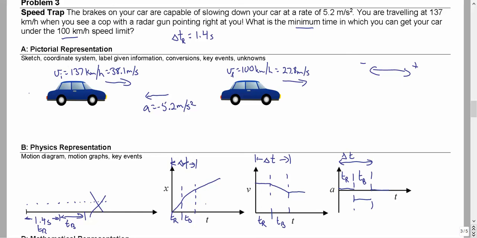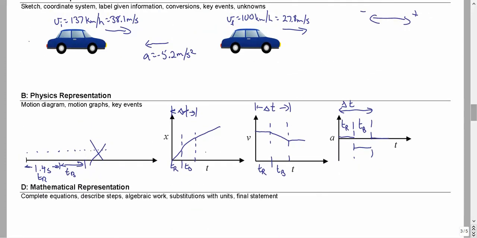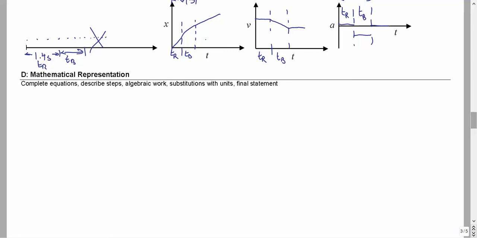So now, once we've got this set up, we can jump into the calculations. I look at the information that I've got. I know my initial velocity, my final velocity, and my acceleration. So if I want to know the time, my final velocity is equal to my initial velocity plus a delta t.